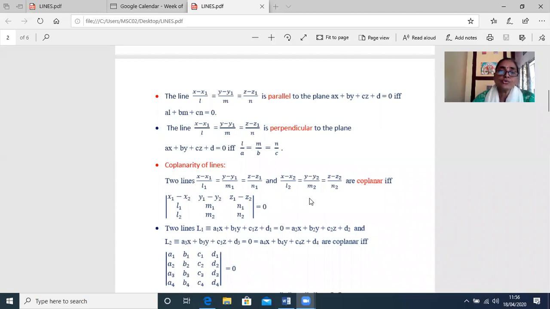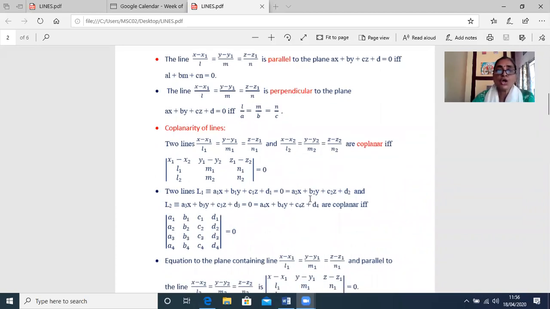Now, when do you say that two lines are coplanar? By the way, we all know that lines are coplanar if they are all lying on the same plane. Lines lying on the same plane are called coplanar lines. But how to determine whether the lines are coplanar?